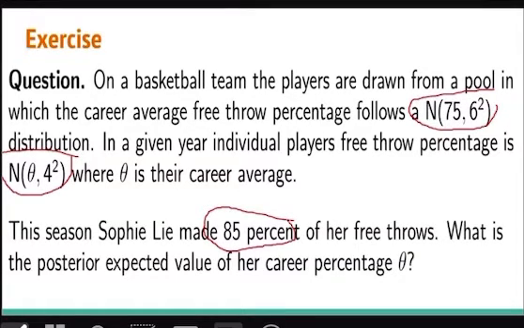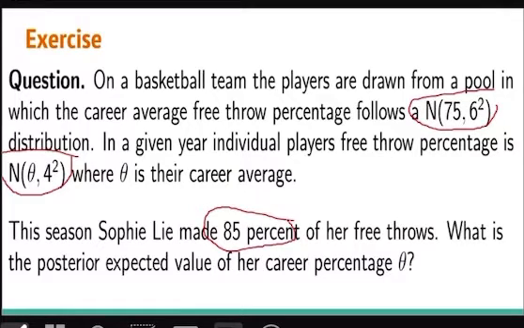Yeah, that is the idea of Bayesian inference. Getting the posterior is combining prior information with the likelihood. We're always going to do that. Does that make sense?